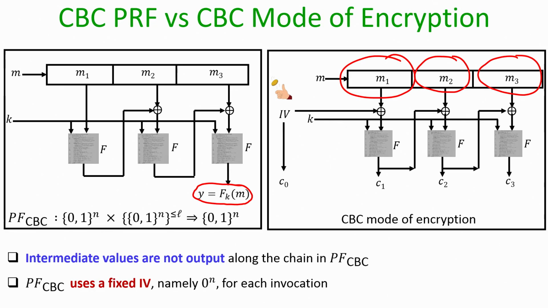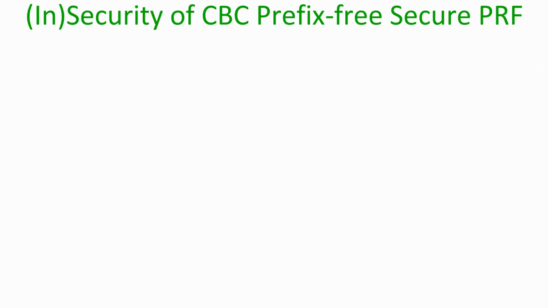So, these are the two differences, and it turns out that if you modify the CBC PRF by also outputting the intermediate outputs of the PRF, then the overall PRF is not a secure PRF. Also, instead of using a fixed IV, if you start using a random IV, there is no guarantee that the CBC PRF is indeed a prefix free secure PRF.